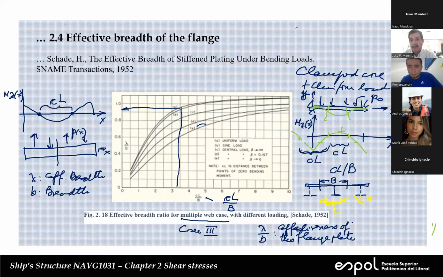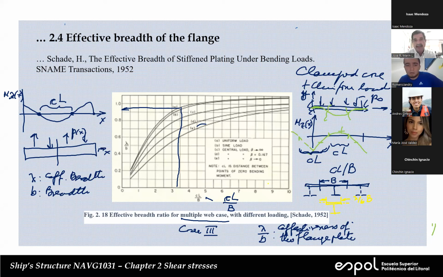Okay? For example, you can take 65% as effectiveness. That means that you take this B multiplied by 0.65, and that's the effective breadth of the flange. So it's a very typical way to call it. Now, this is Shady's theory.